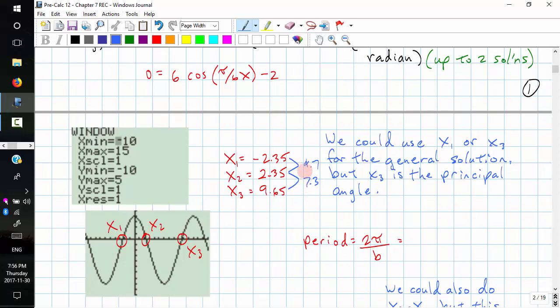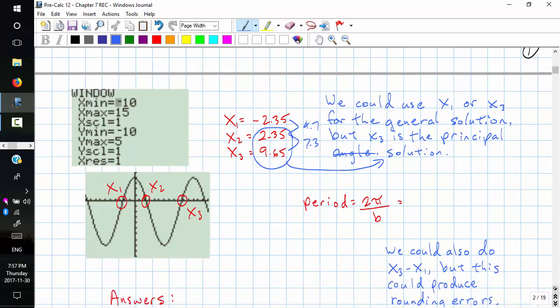So we have two general solutions. And we look at x1 and x3, it's both coming up, up. So either one could be our general solution, but we want to use the principal solution. So these two are our principal solutions.